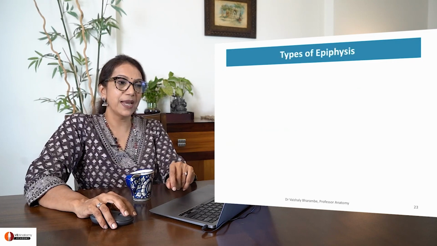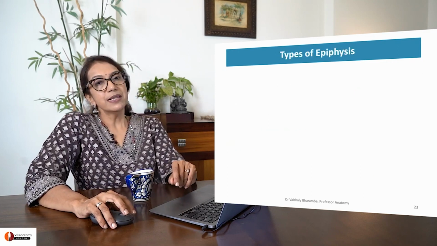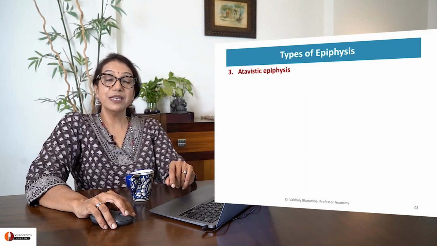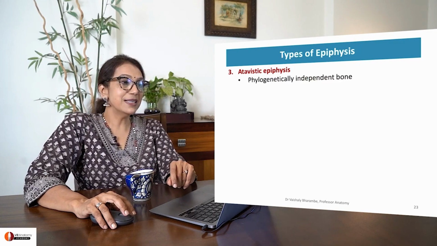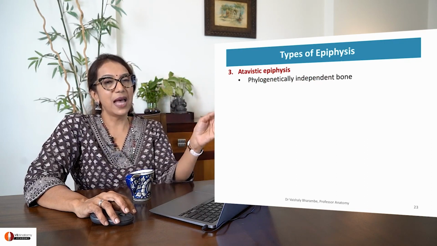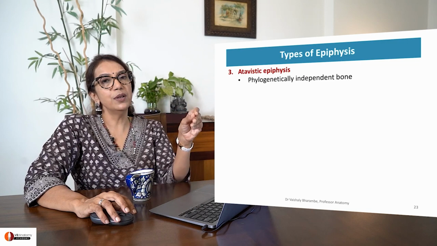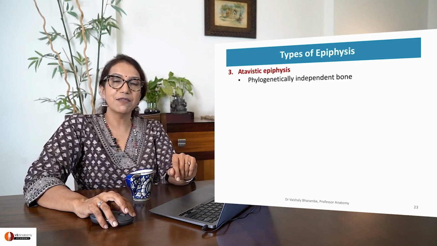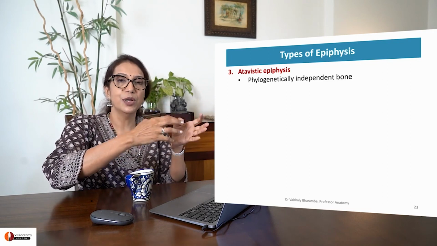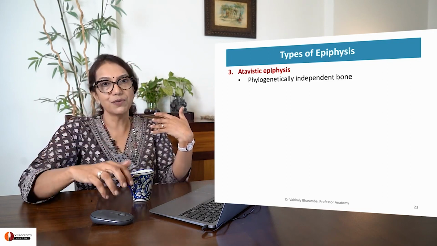Okay, right. Continuing to discuss epiphysis, we come to atavistic epiphysis. Now, this is very interesting, students. This is a bone which is phylogenetically independent. As per evolution, this bone is a separate bone by itself, but it slowly gets itself attached to another bone so that it can acquire nutrition from it.